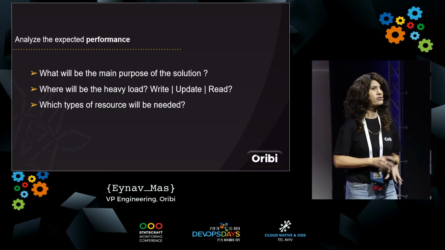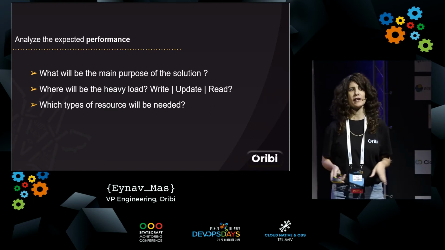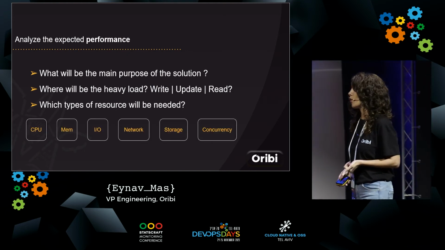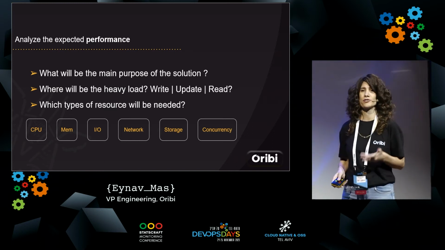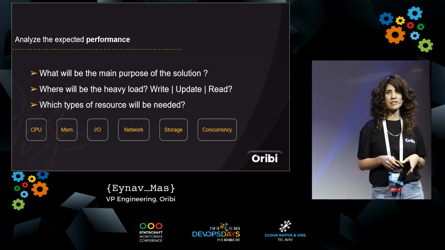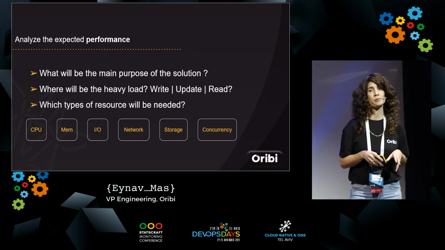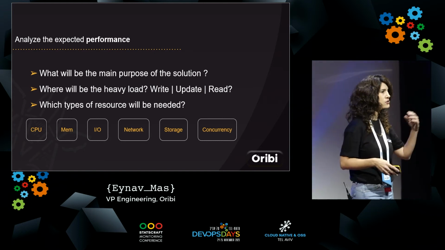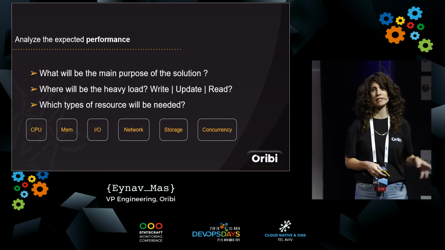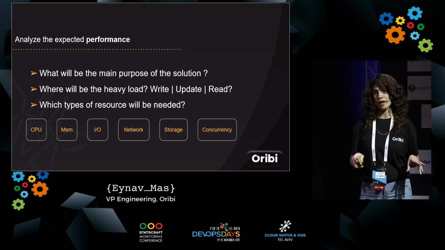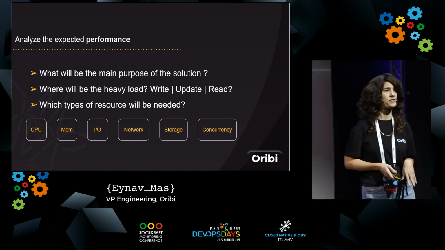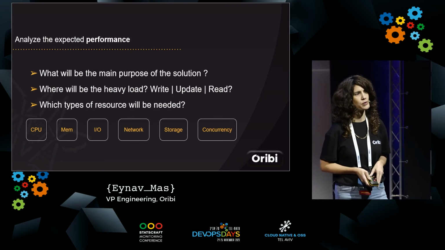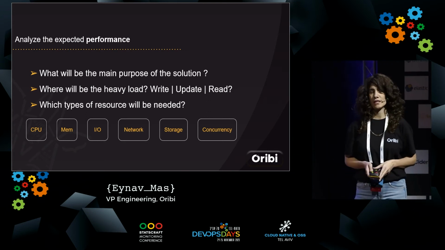And try here to go as wide as you can, not only with CPU and memory parameters, think also of I/O, network, storage, concurrency, all the parameters that will help you to pick the right resource for your data solutions. Sometimes you will need a GPU, sometimes you will need something more specific. Do everything that you can to plan your resources right. It really will help you in terms of performance and performance under scale.